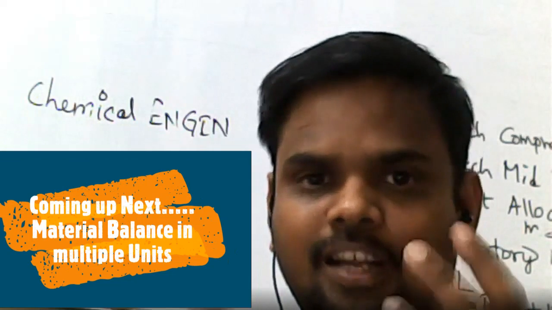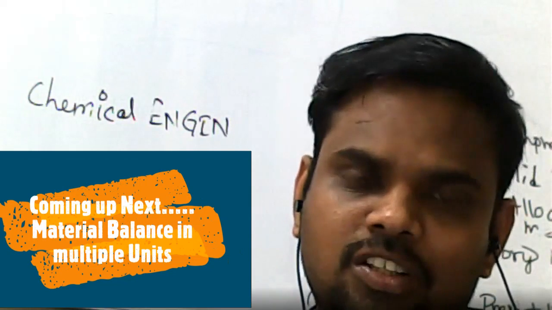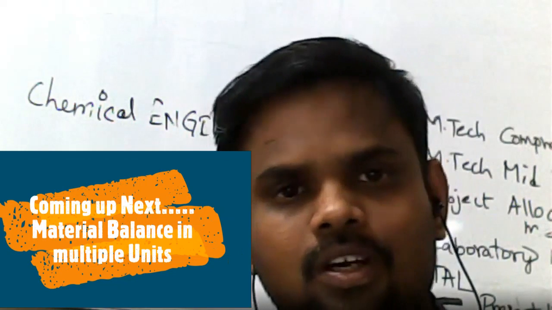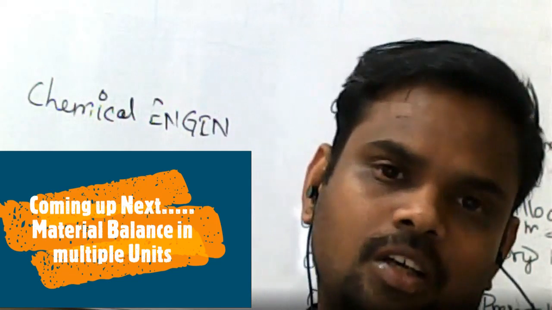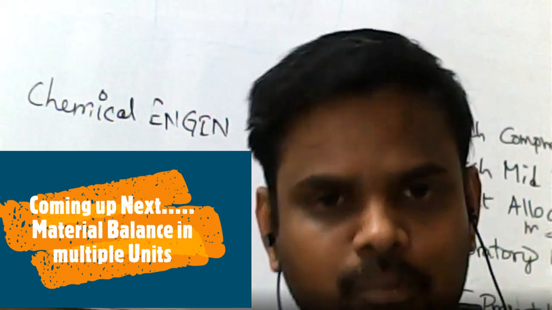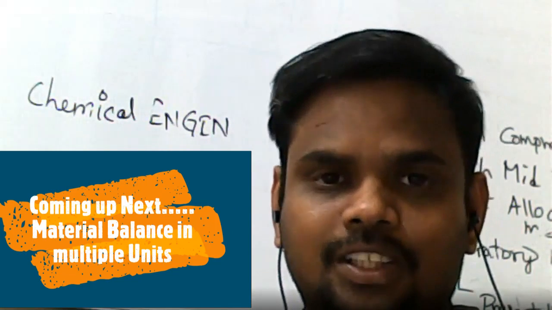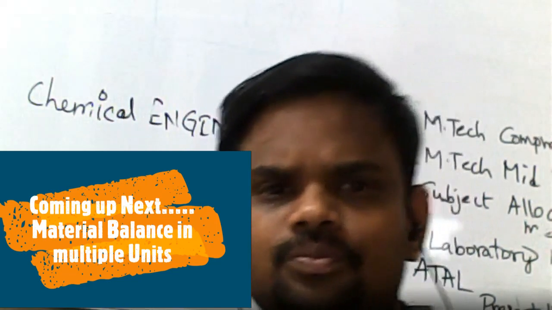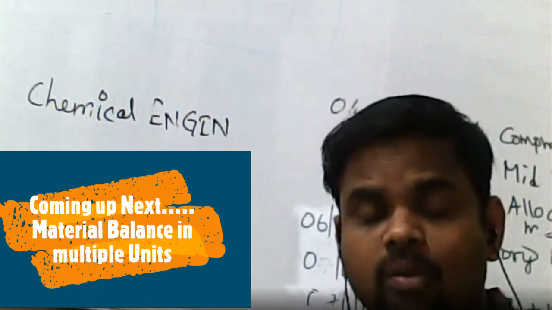We have a feed entering a distillation column. The product that is coming out of the distillation is sent as the feed to an absorption column. The product that is coming out of the absorption column is sent to some dryer, like that, if they are in series. So they are called multiple units, right? So this is what an actual chemical process industry will look like, right? So we should be able to solve numericals even when involving multiple units.